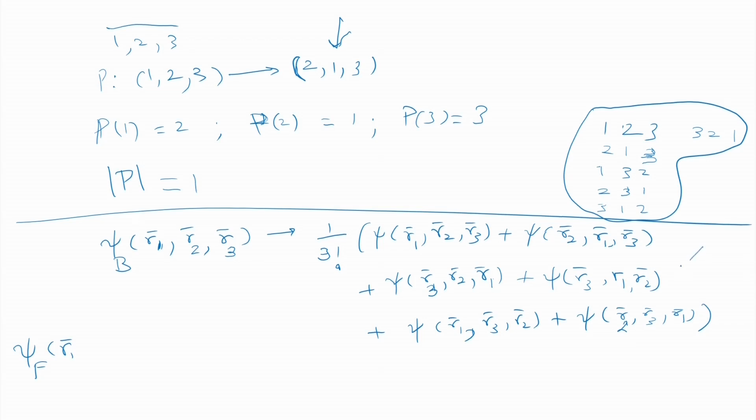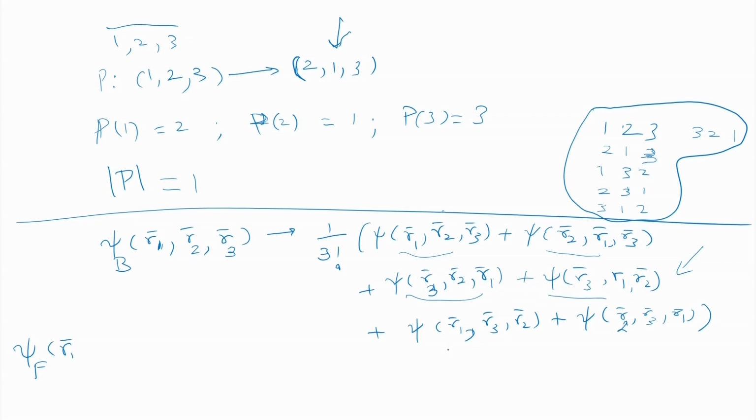So imagine that I take this whole thing and I interchange 1 with 2. What's going to happen is that this goes to this and this goes to this. Okay, so these two go to each other, so together they remain unchanged. Similarly, if I interchange 1 with 2, these two go to each other and they remain unchanged.